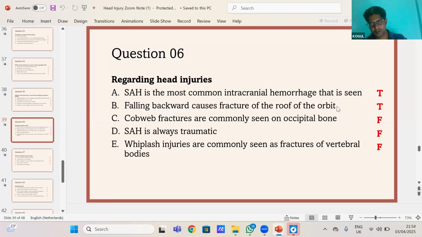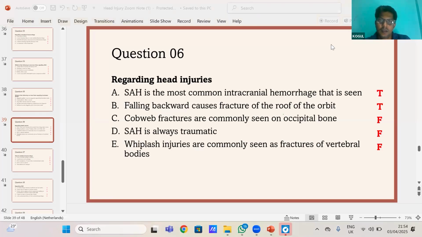I told you the skull has several thicknesses. So commonly we see fractures in the thin parts of the bone, the temporal part, the frontal part, or similar. A fracture can occur in the occipital area, but commonly it does not, because that is a thick part of the bone. That's why it's false.